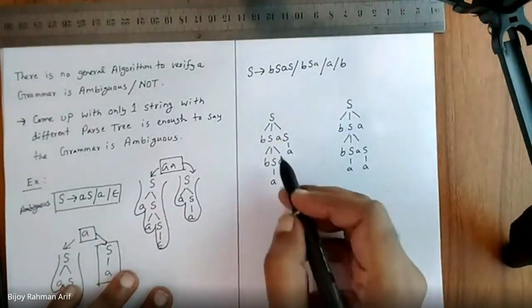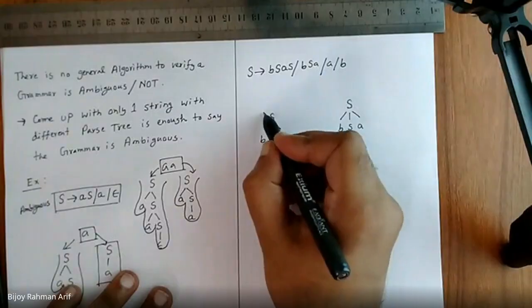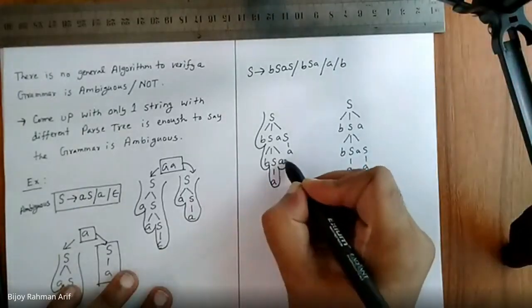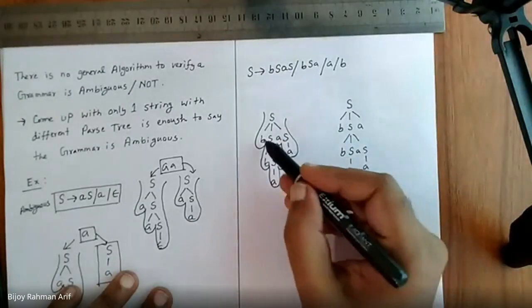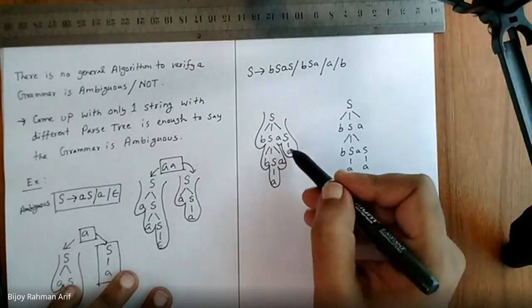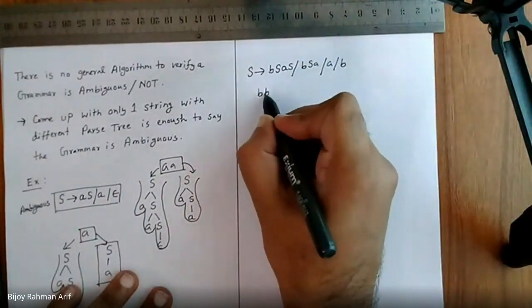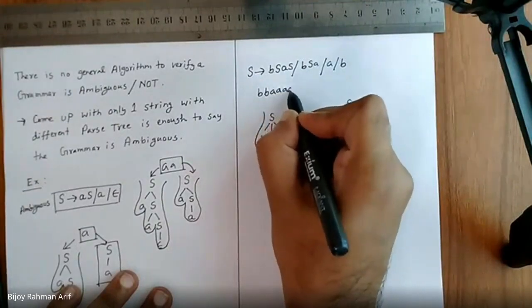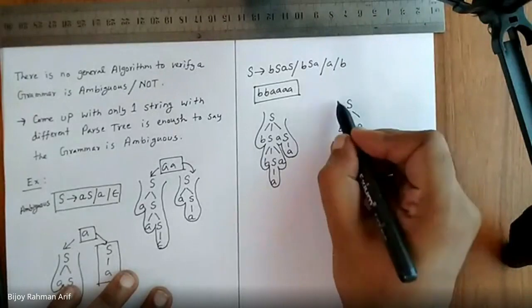What is the yield of this parse tree? B, B, A, A, A. And what is the yield of the other parse tree?